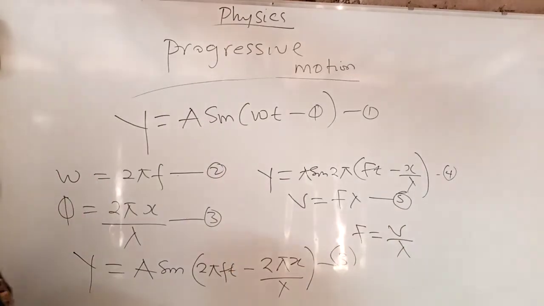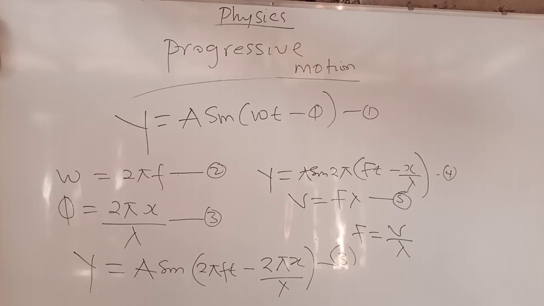Are you with me? Now look at what I want to do. Wherever I see frequency from equation 4, I will remove it and replace it with v all over λ.